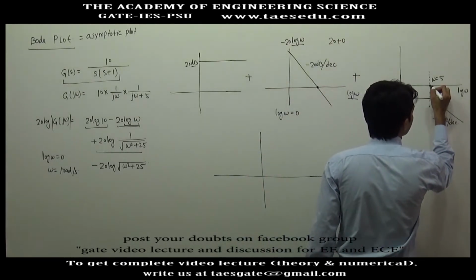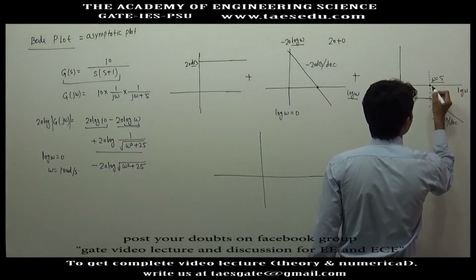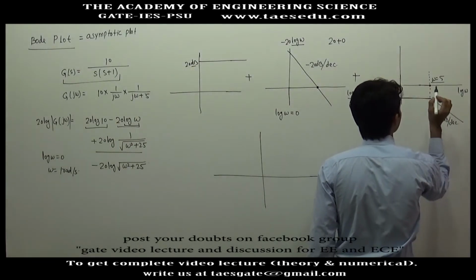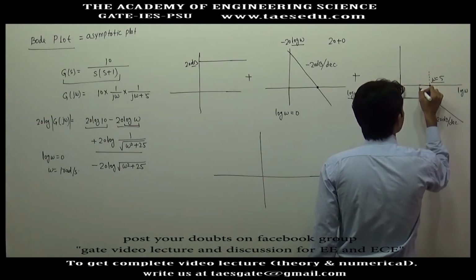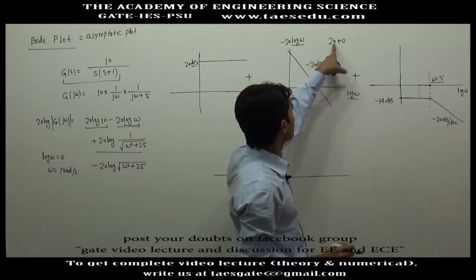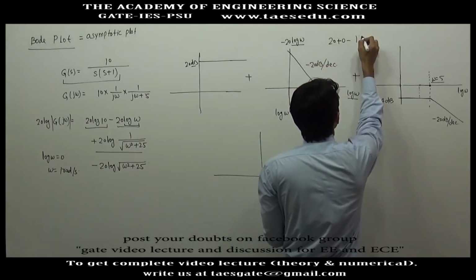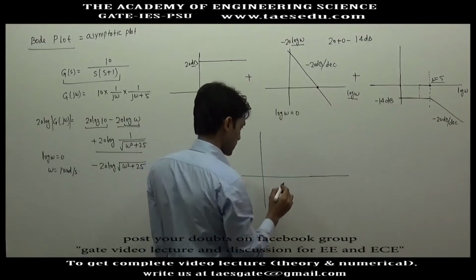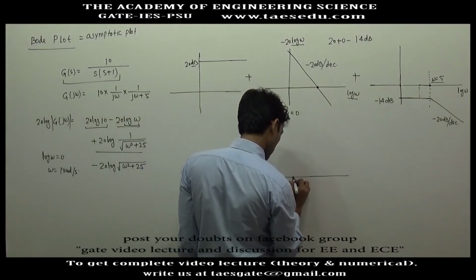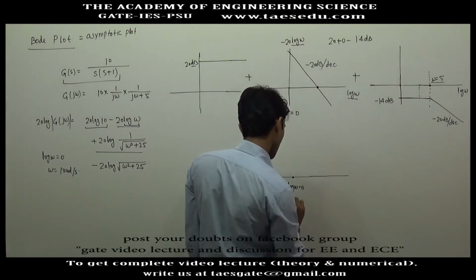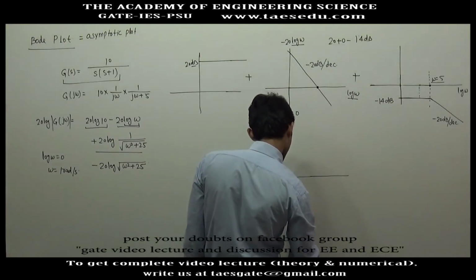Since this point is omega equal to 5, omega equal to 0 will be left of this point. So at log omega equal to 0 we will get minus 14 dB. So we have 20 plus 0 minus 14 dB, which is 6 dB. Let's say here we are at log omega equal to 0, or omega equal to 1 radian per second.